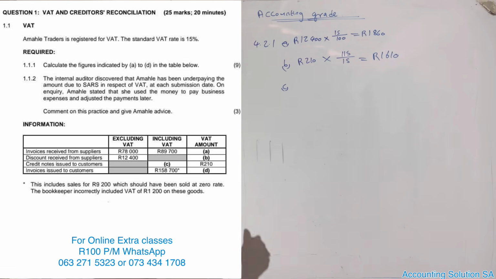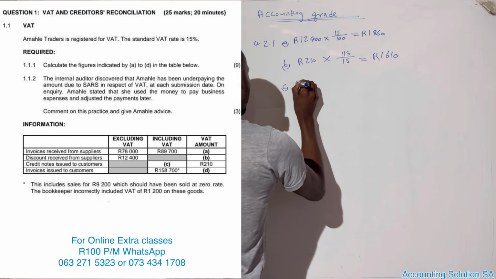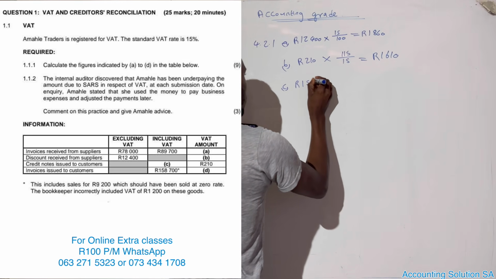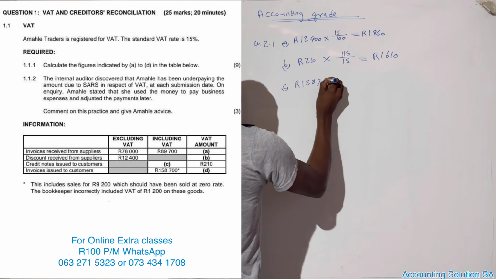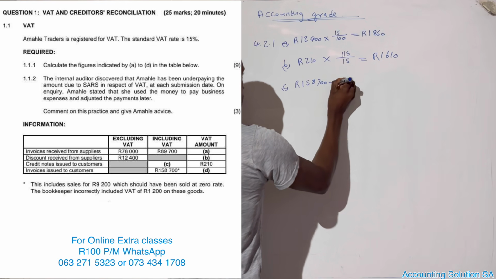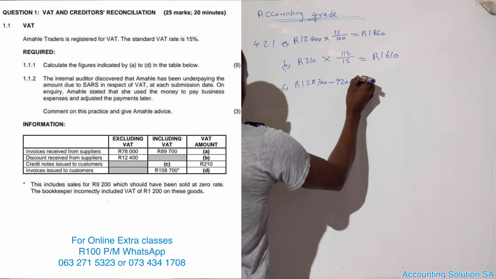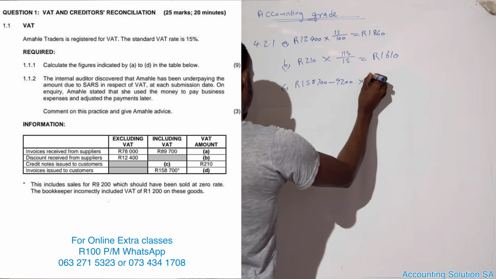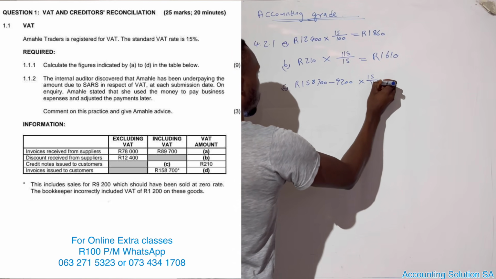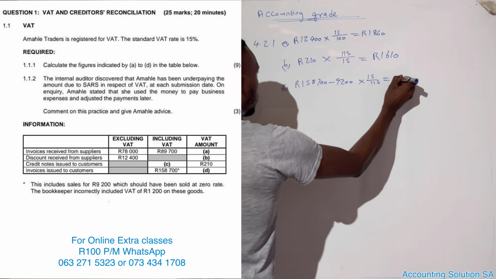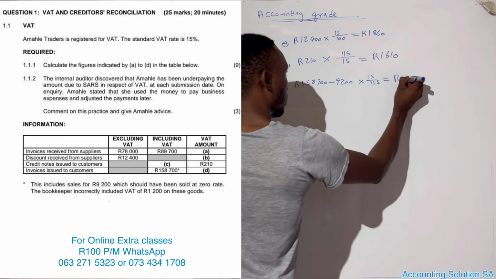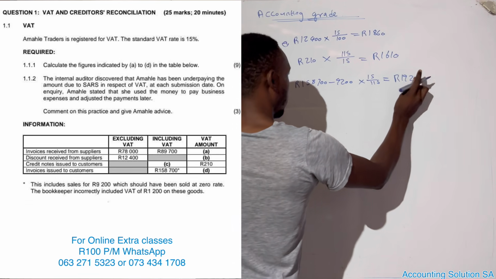You work it out this way: 158,700. You first remove 9,200, then you multiply by 15 over 115. Which is going to give you 19,200, 19,500.